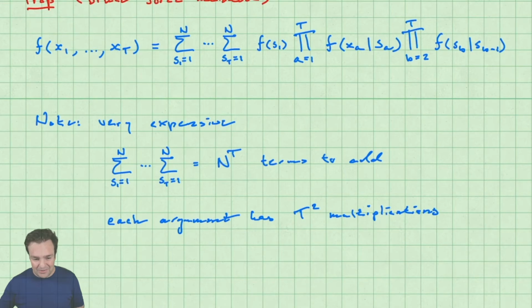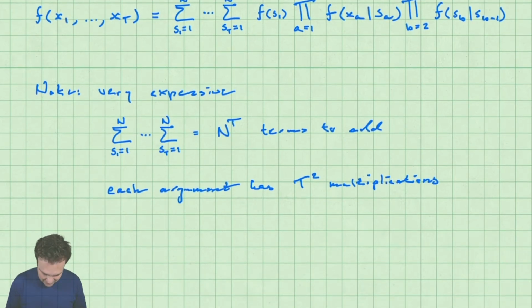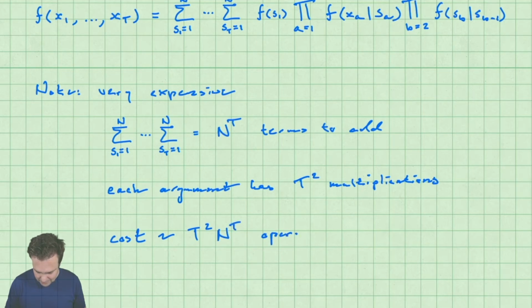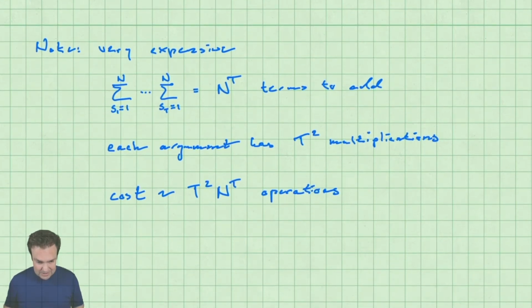And so let's think about what this means. This is a cost of something like T squared times N to the T operations, which might not seem like a lot to you, but look at that. T is in the exponent here. And so here's just an example. Let's suppose you had what might seem like a modest case.